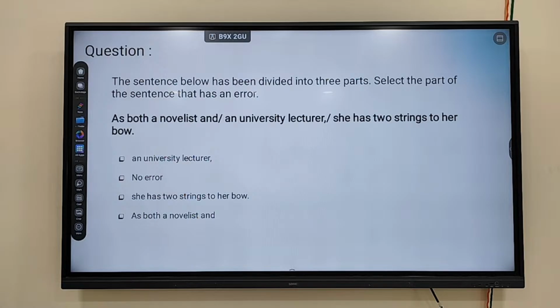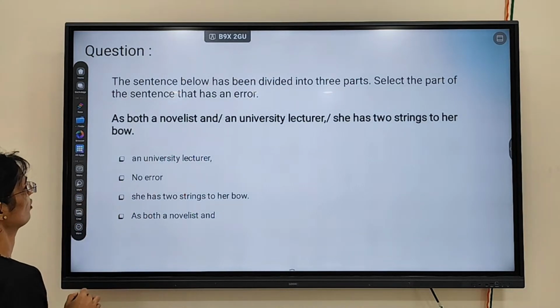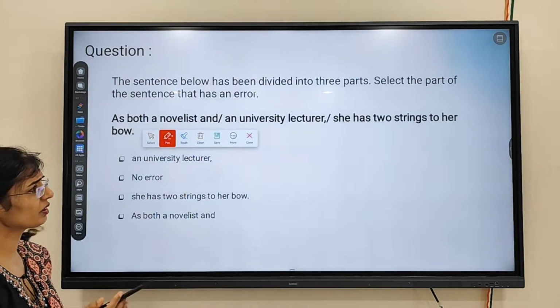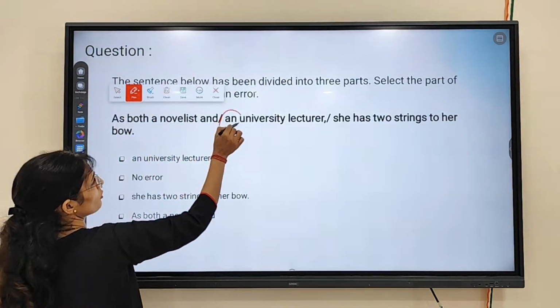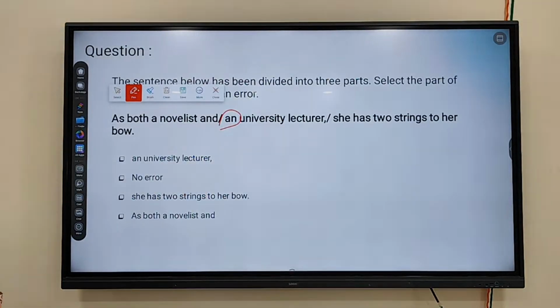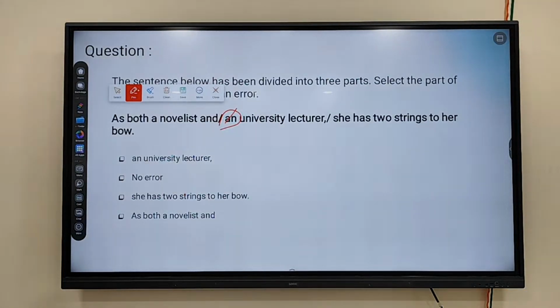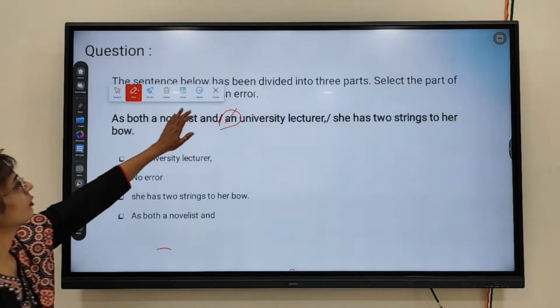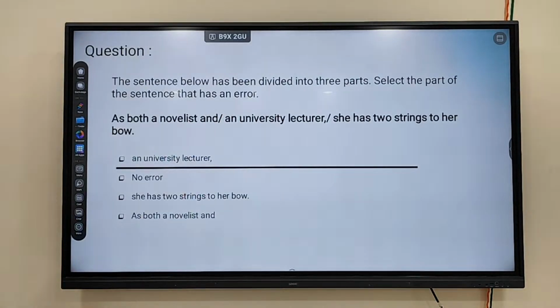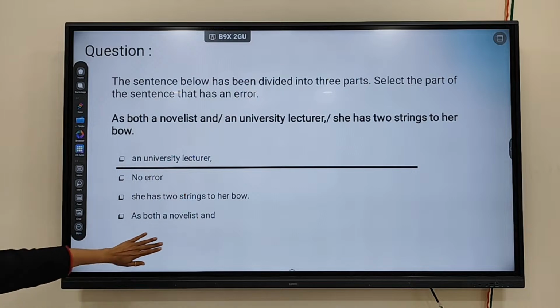If I'm saying this sentence, does it sound right? What doesn't sound right? Do we really need an article? And doesn't sound right. Though it is you, we know that an should be used before the vowels, but still it doesn't sound right in this sentence, right? Because I'm saying as a novelist and university lecturer. So we think that doesn't sound right, and because it doesn't sound right, that is the error.